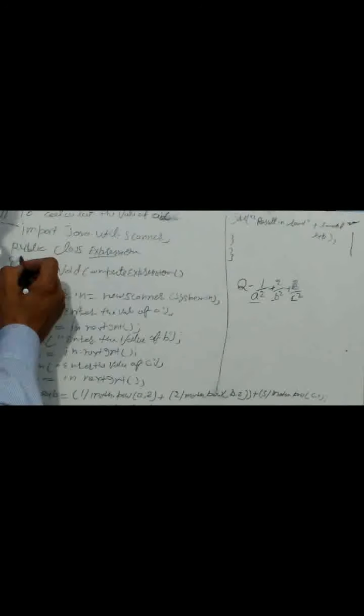Then we have to define the class: public class, and since this is the expression, we write Expression here. You can write any name according to the question. Next is the open brace, then public void computeExpression function, then an open brace.